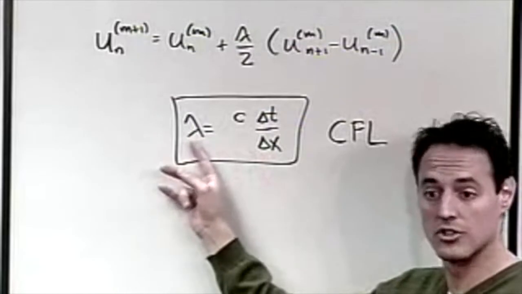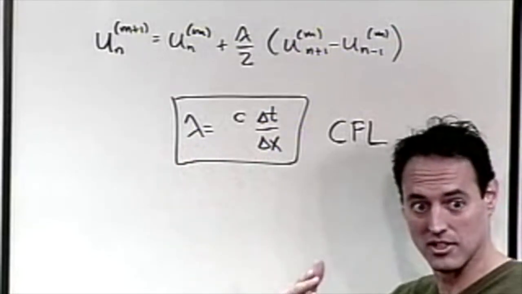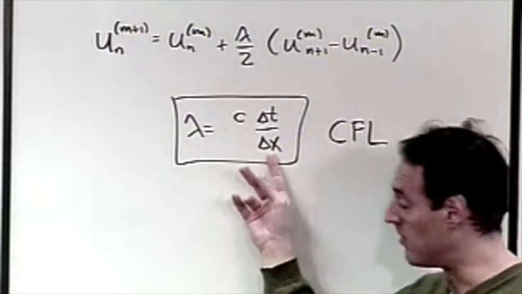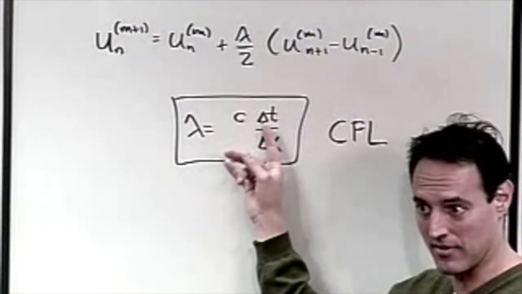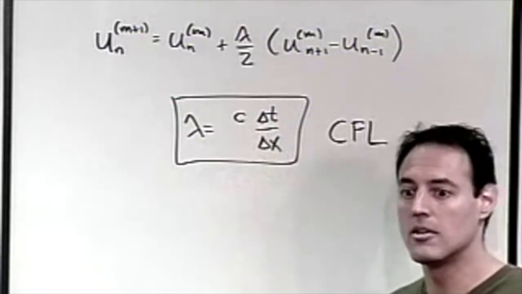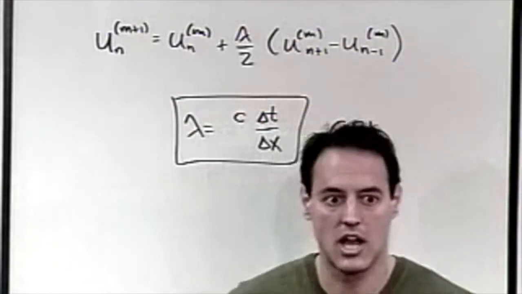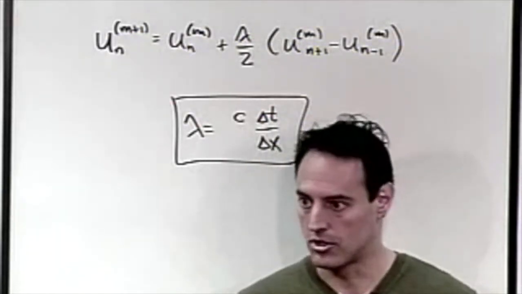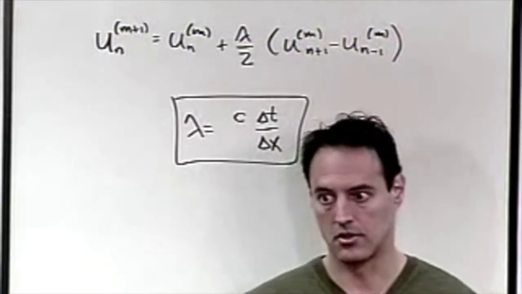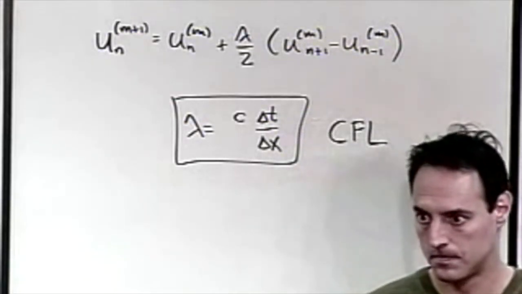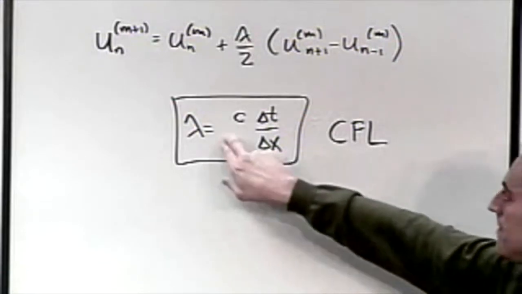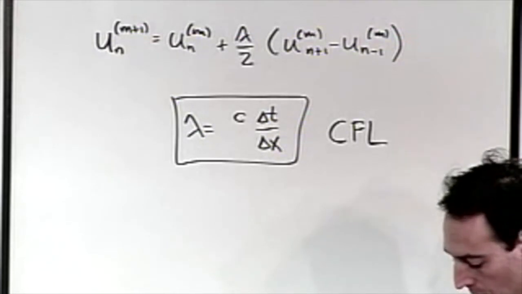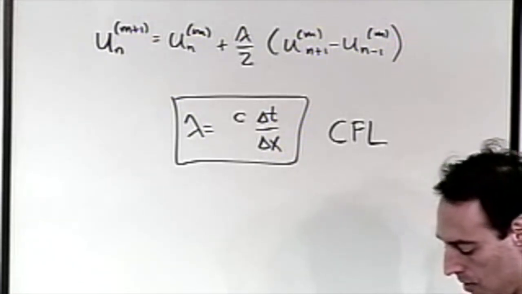So if you want to control this lambda, suppose you're right at the edge of where stability is to run this thing, and you just double your resolution, you have to cut your time step in half too. These are not independent actions. In other words, you can't say, I'll just run with a delta t like this, but play around with my delta x. You play with your delta x, you've got to play with your delta t accordingly. Very important what happens with this parameter. It's the thing that really controls all the stability.